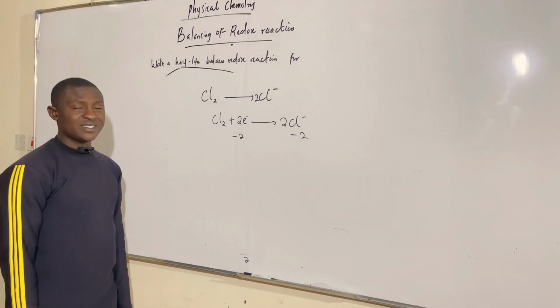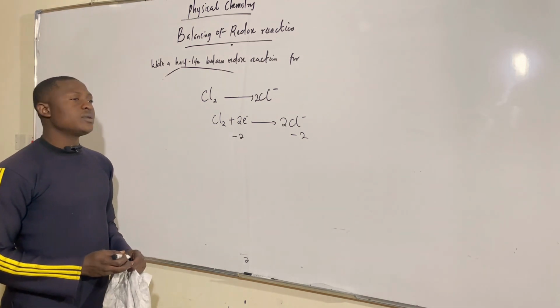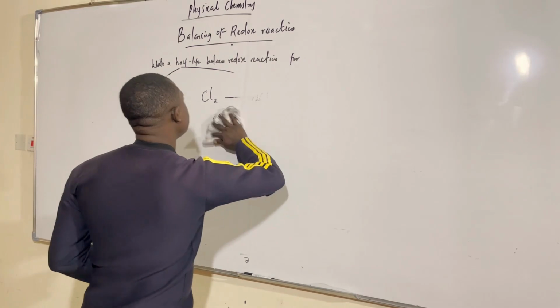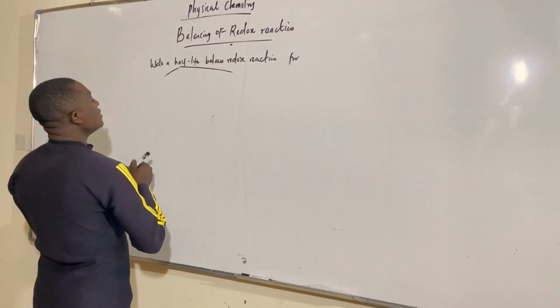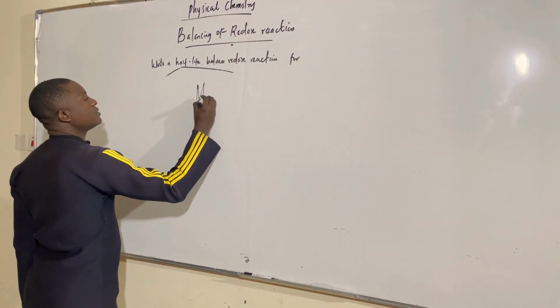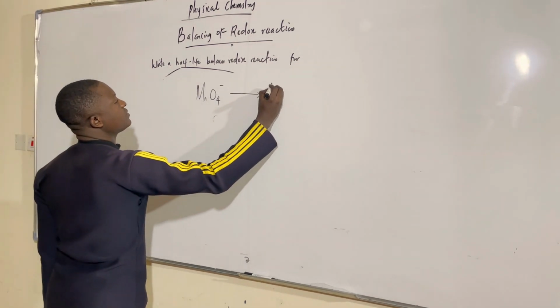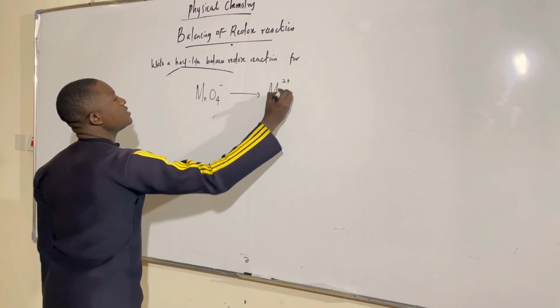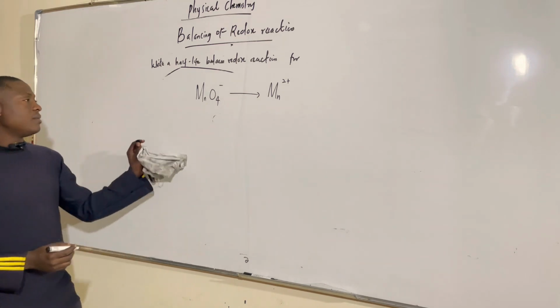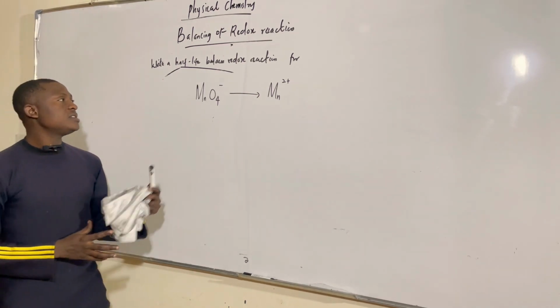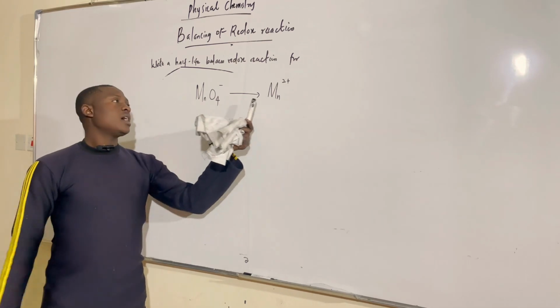Are you following? Yeah. So let's balance another one, the one that comes in form of water, where we need to add water. Let's say we have something like this, MnO4 minus. In this type of redox balancing, the first thing you can see is that on this side we have oxygen and here there's no oxygen.